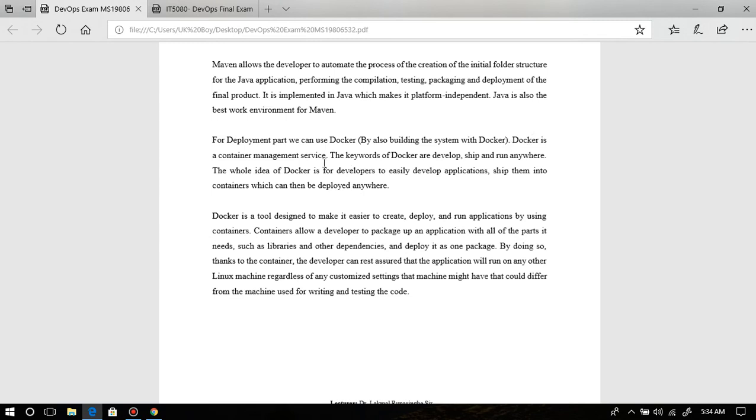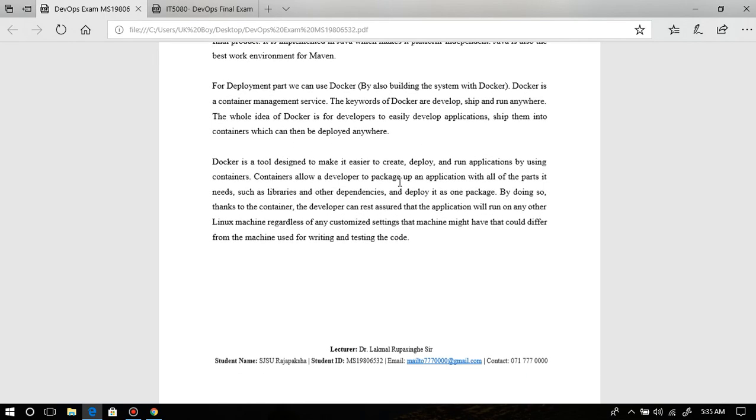Docker is a container management service. The keyword of Docker is develop, ship, and run anywhere. It means after I develop, I can ship it, move it anywhere, and run it anywhere, because there is the same container. The whole idea of Docker is for developers to easily develop applications and ship them in containers which can then be deployed anywhere.